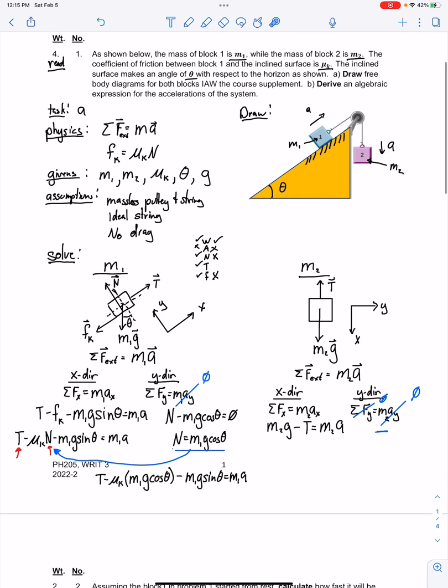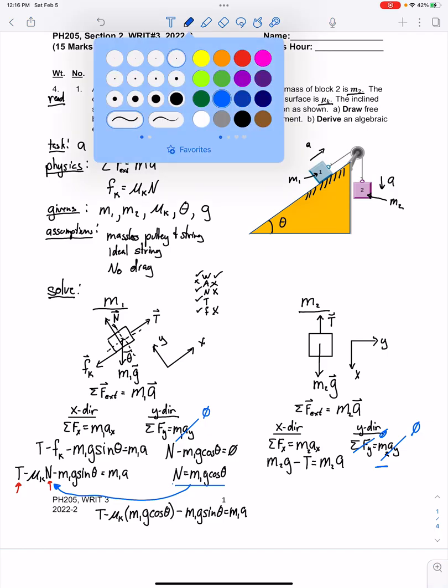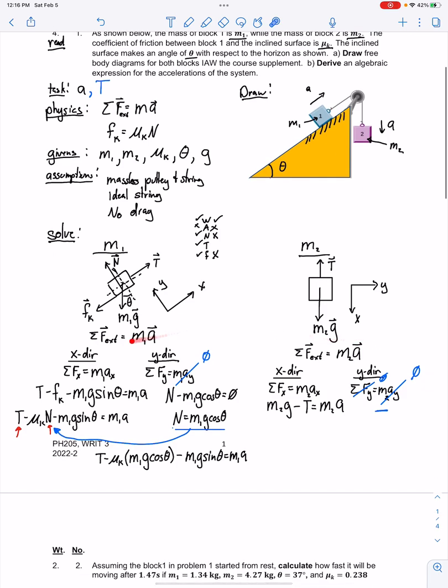This problem could have, instead of asking you to solve for the acceleration, asked you to solve for t. Maybe we went back here and said, find t, instead of finding a. You would have done everything to this point the exact same way. The free body diagram's the same, analyzing the forces is the same, these equations, nothing would be different.